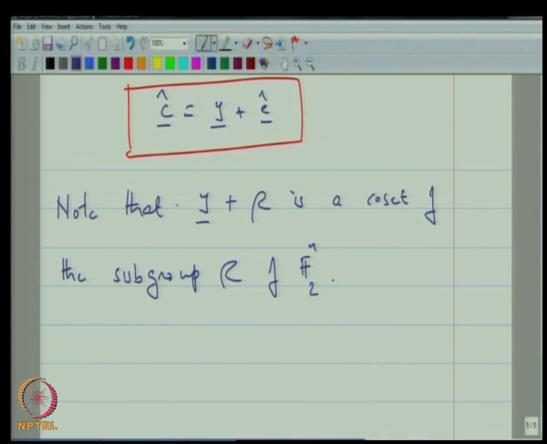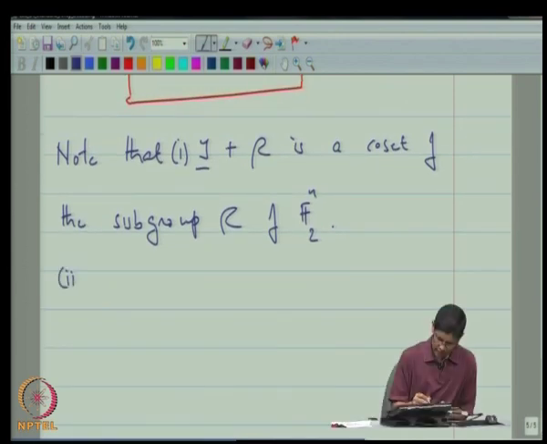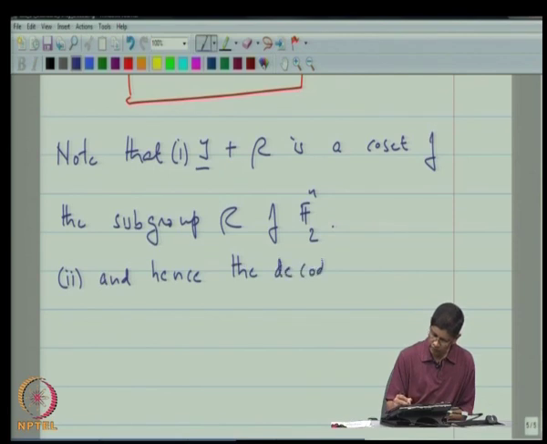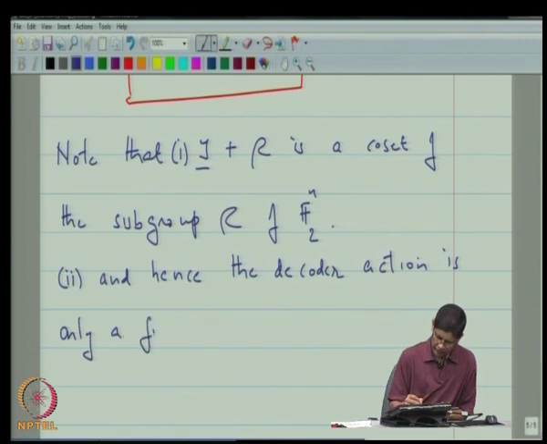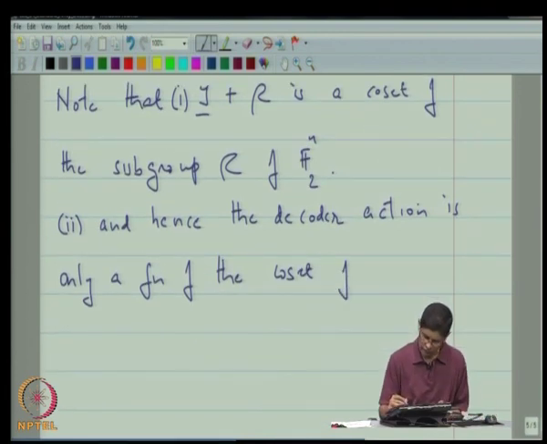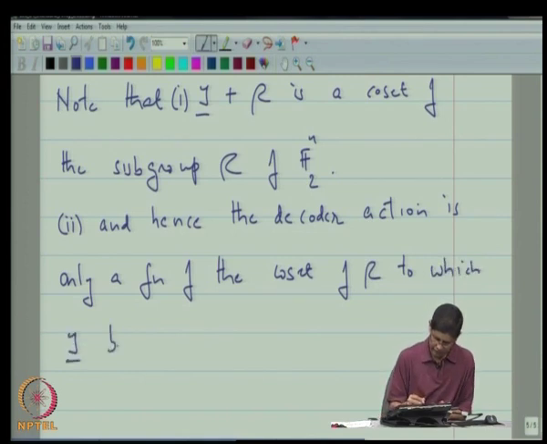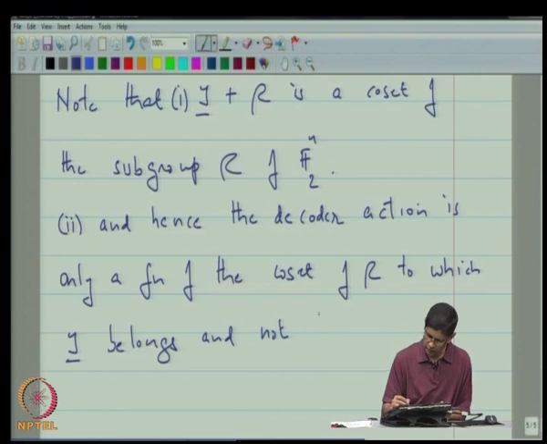Note that 1, so let us call this 1, okay, 2, and hence the decoder action is only a function of the coset of C to which y belongs, and not to y itself.